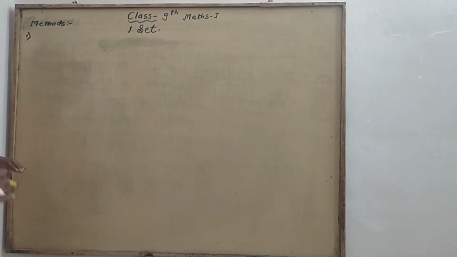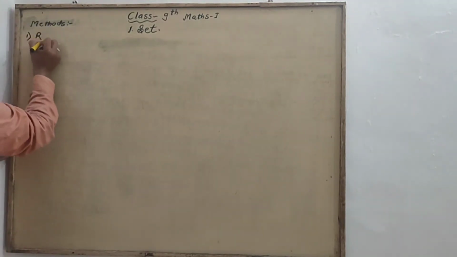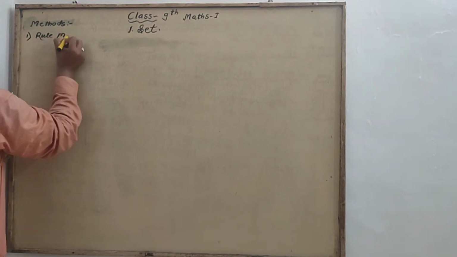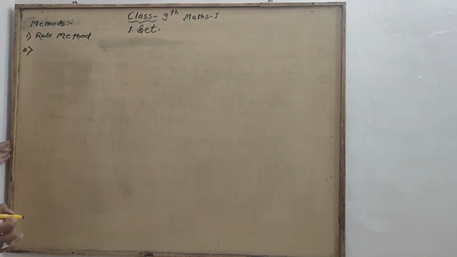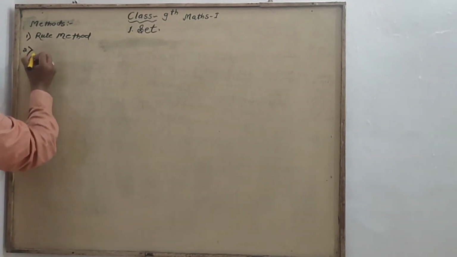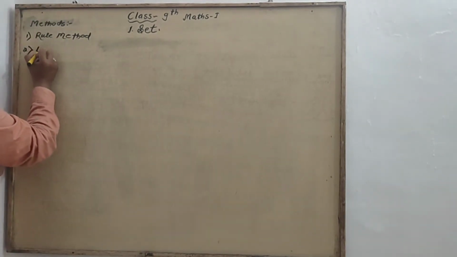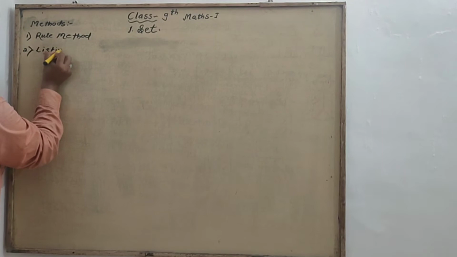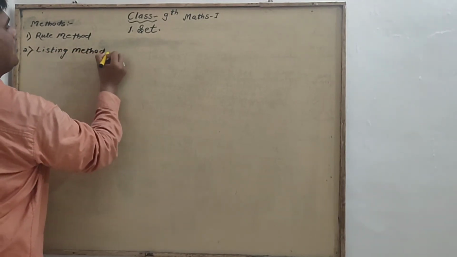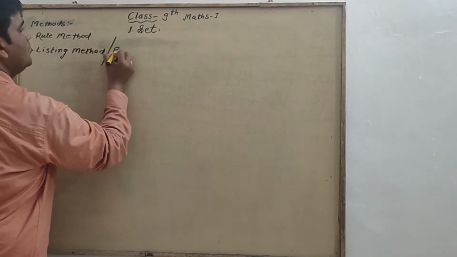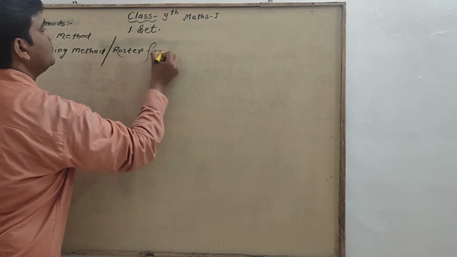First one is the rule method, and second one is the roster form, or it is also called the listing method, or roster form.